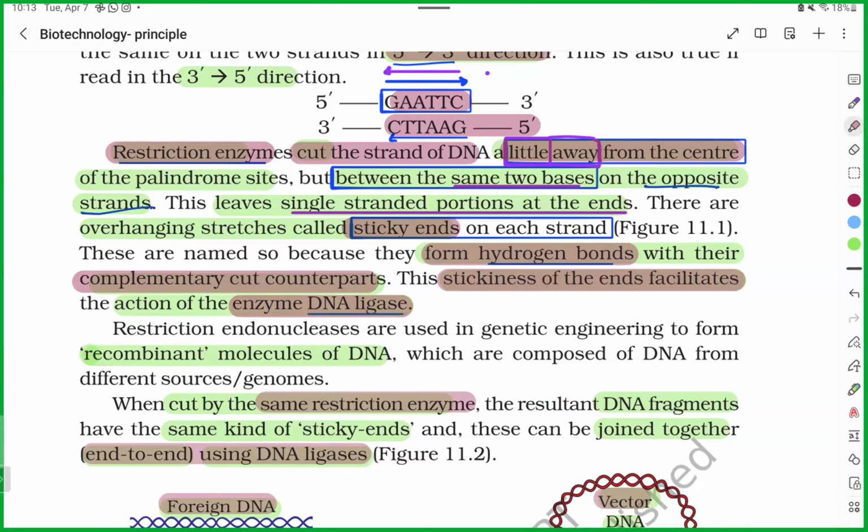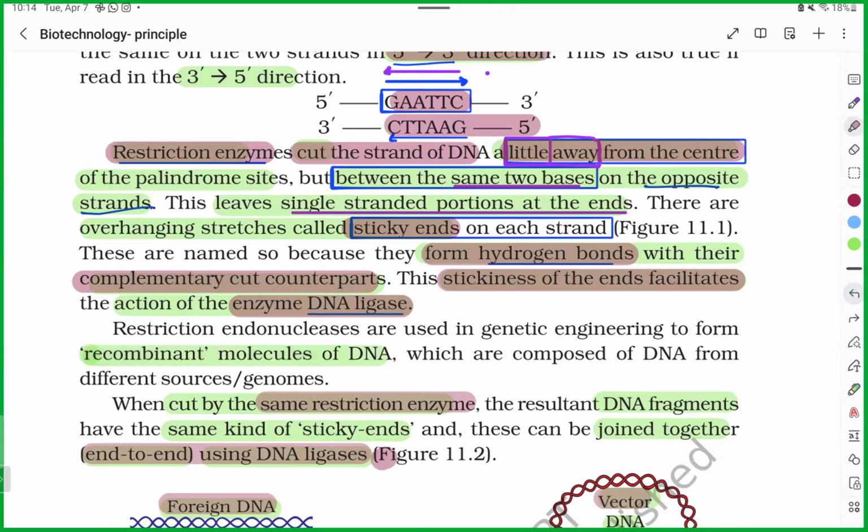When these two DNAs combine together, the new DNA will be known as recombinant. If they are cut by the same enzyme, they make sticky ends and join together with the help of DNA ligase enzyme.